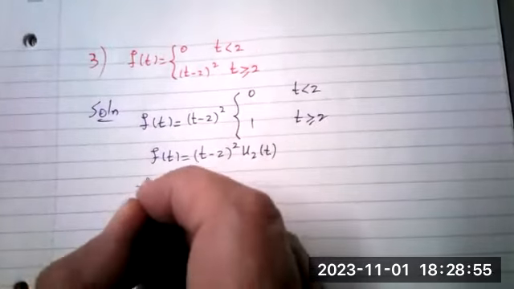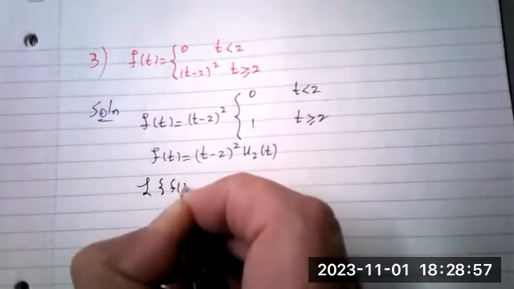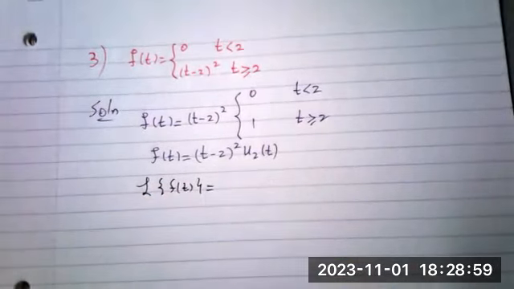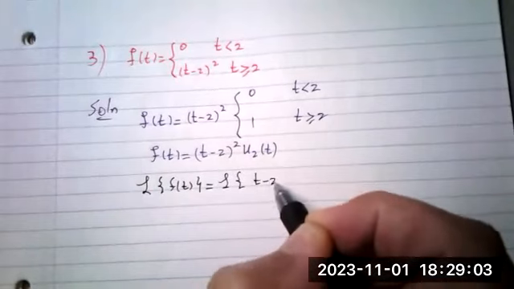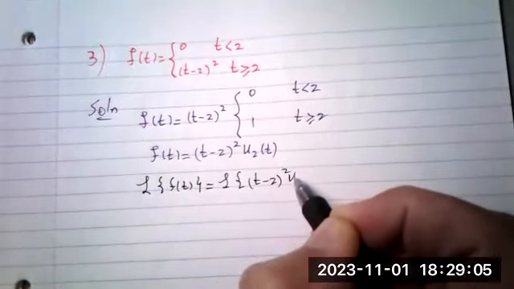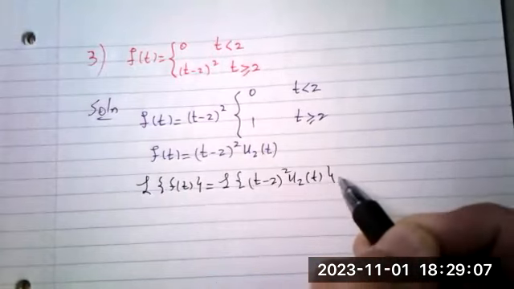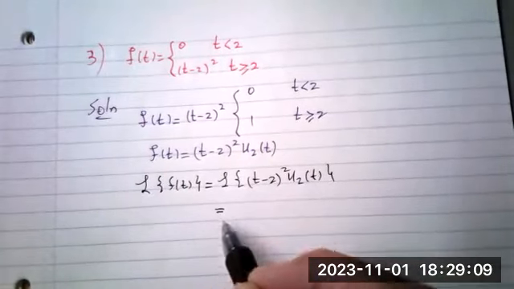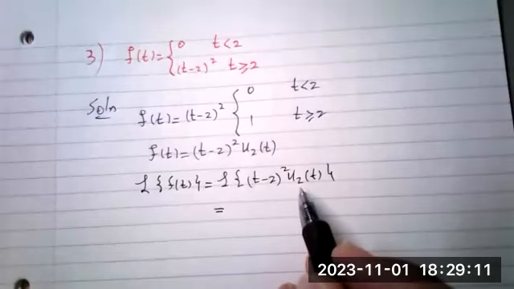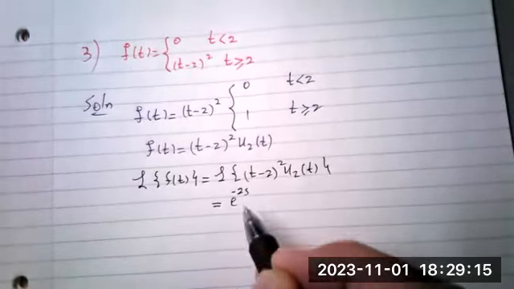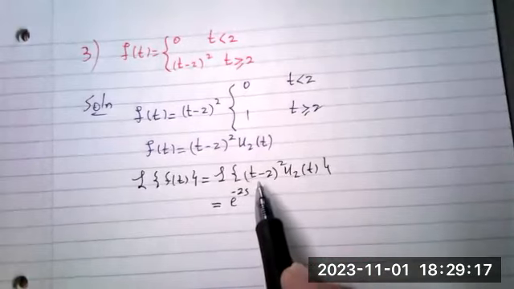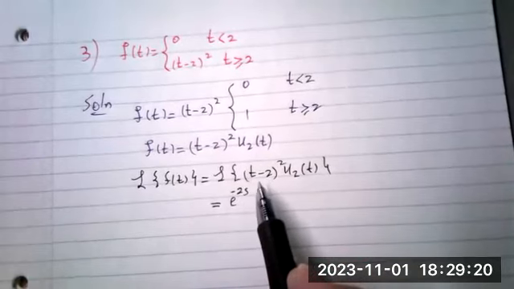So the Laplace of f of t would be the Laplace of (t minus 2) squared u_2(t). This is going to be equal to, the base is 2, so e to the negative 2s, times the Laplace of t squared, you drop the 2.